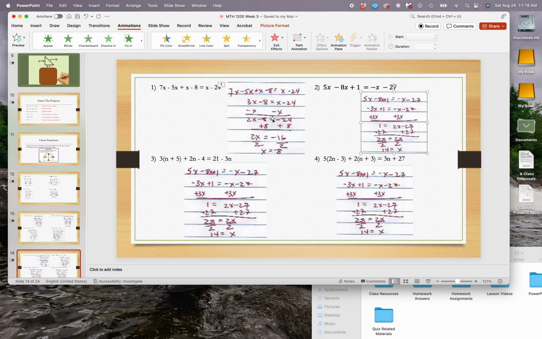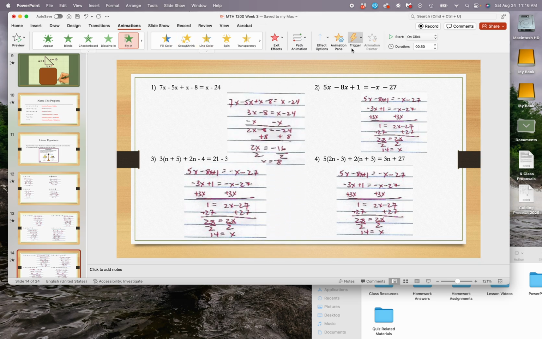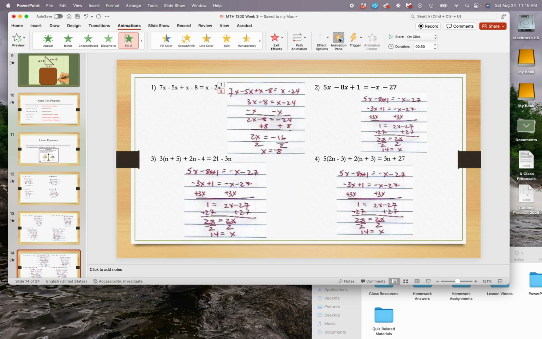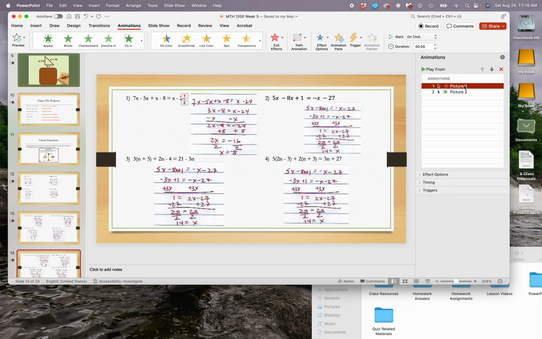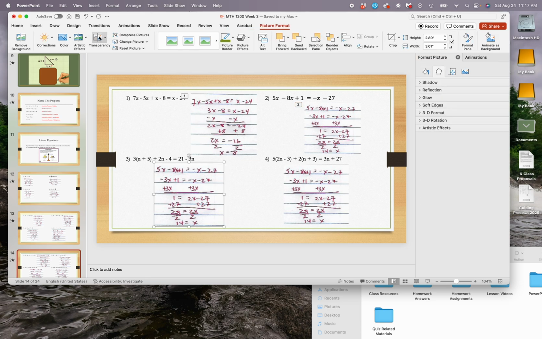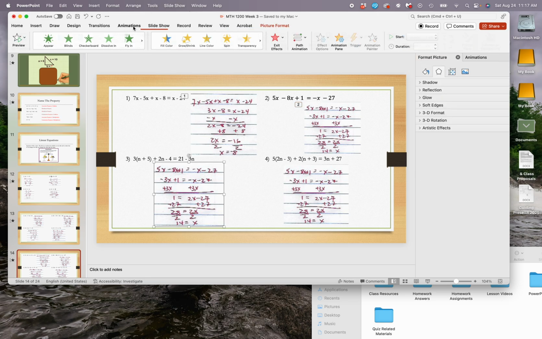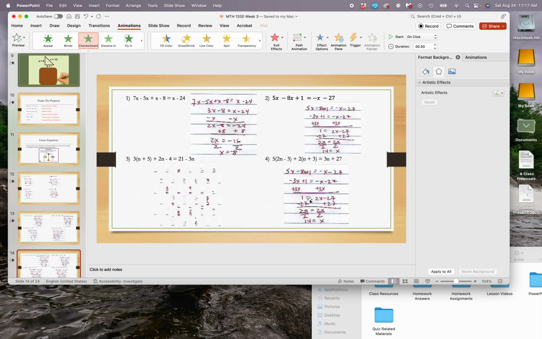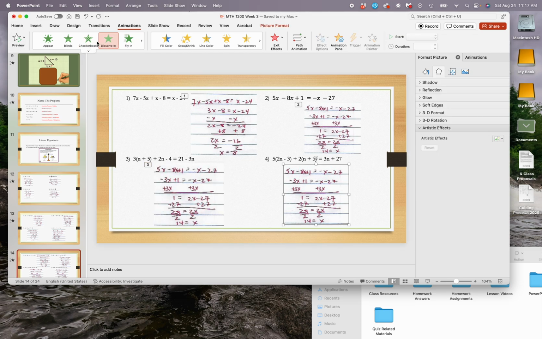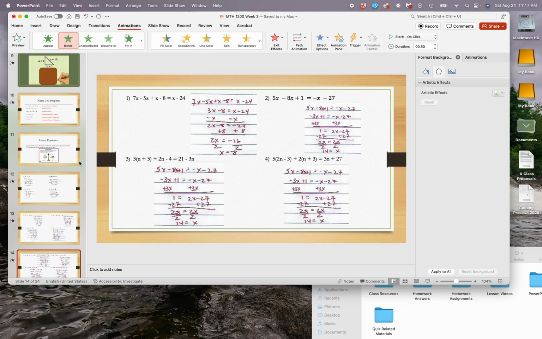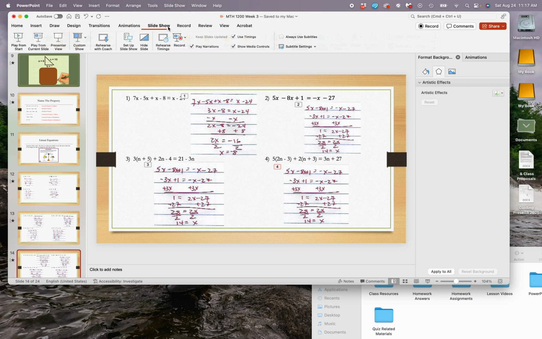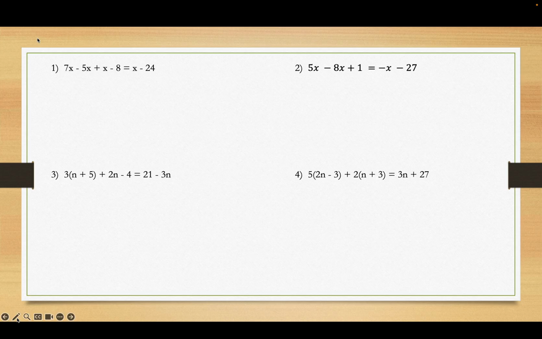Oh, man. Animation pane, good, delete. Fly in. This is how a trained professional handles an emergency situation. That's what we're showing you right now. And ta-da. And now we will go back to the slideshow and play from the current slide.